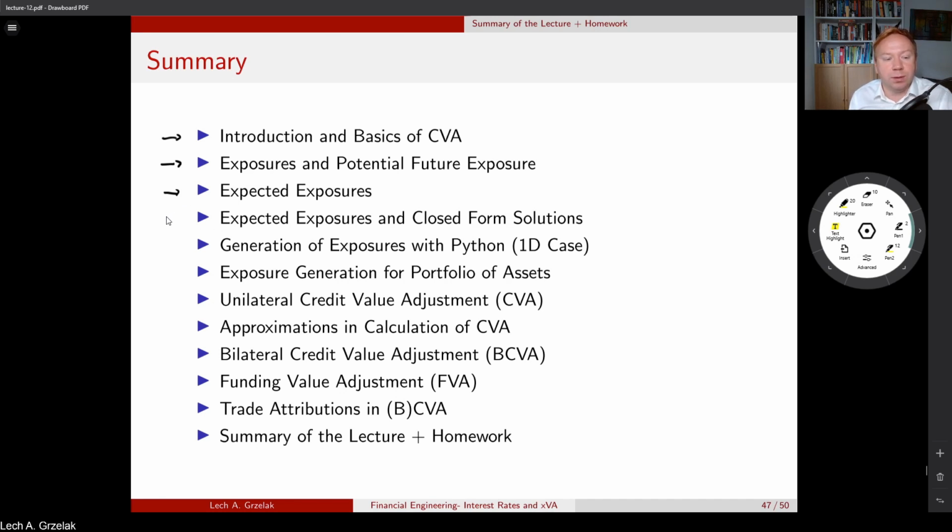Before we went to CVA, I also have shown you some nice sanity checks for your simulation, where you know from a theoretical perspective exactly what the expected exposure would be. That was especially in the context of an interest rate swap, which was related to a swaption. We also had a stock that was related to a call option.